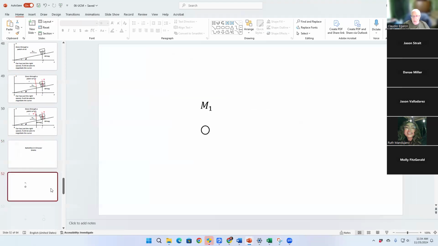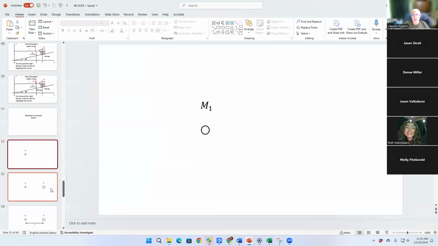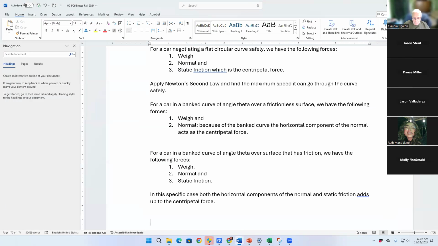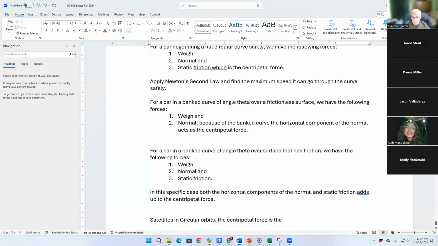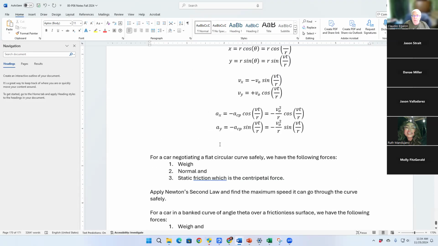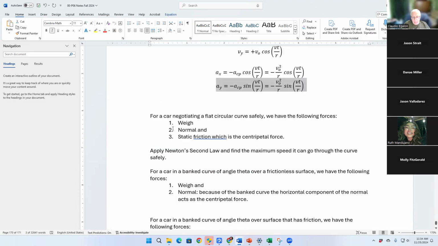And we also have problems of satellites in circular orbits, okay? In circular orbit, the centripetal force is the force of gravity.